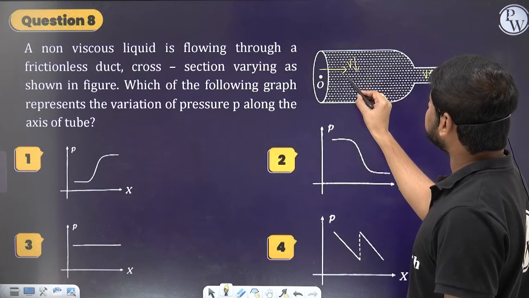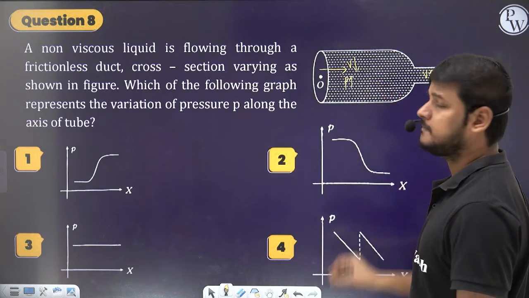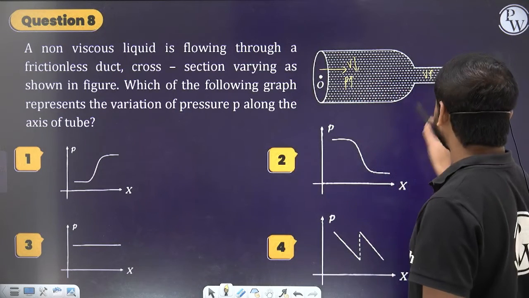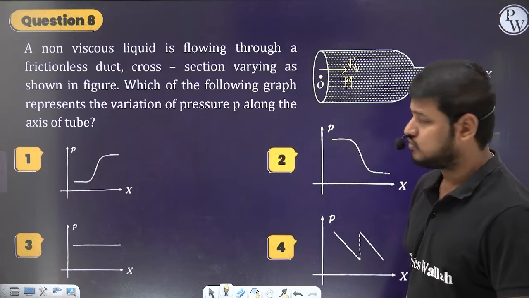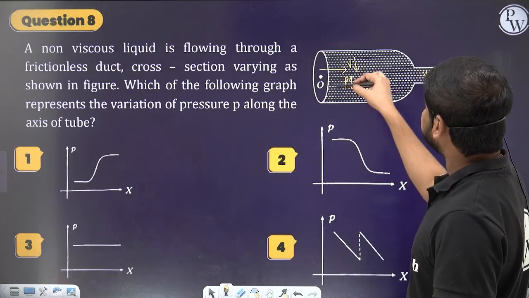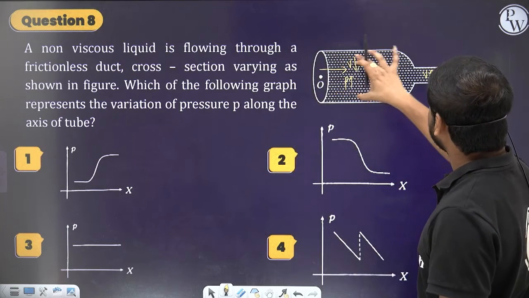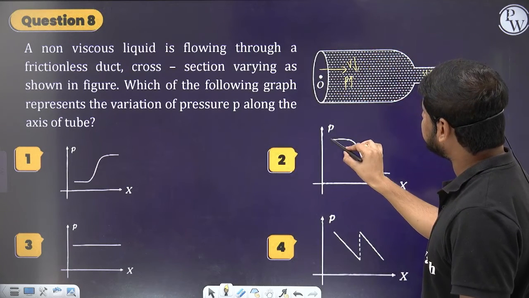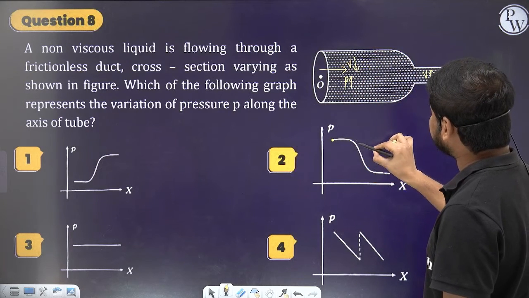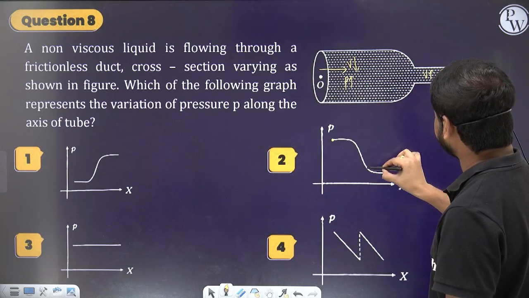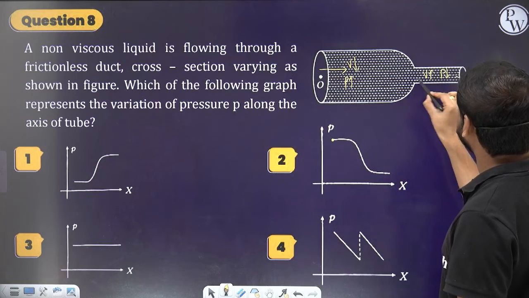Where velocity is less, the pressure will be more, and where velocity is more, the pressure will be less. Yes or no? So initially the pressure is more, and along the axis of the tube the pressure decreases. Initially it is more, for some time it is constant, then it decreases, and again it is constant because the cross section is the same.